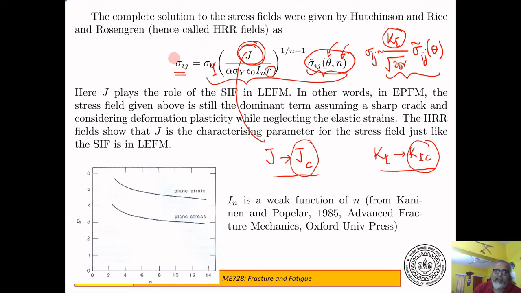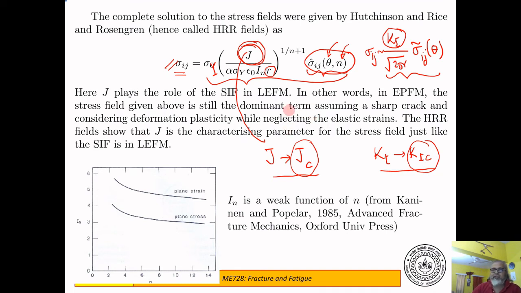So even after we looked at the HRR fields, which take care of plasticity, large scale yielding at the crack tip, hardening, etc., we still see that the stresses go to infinity. So what is missing here? Obviously, we can't go into the details of this, but the missing elements are the following.